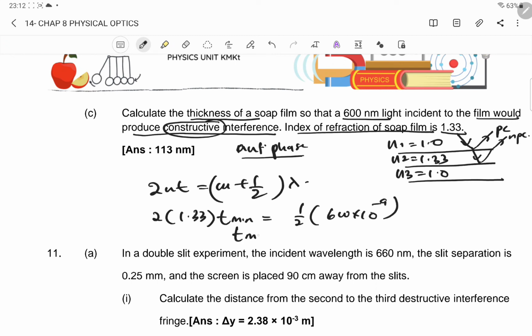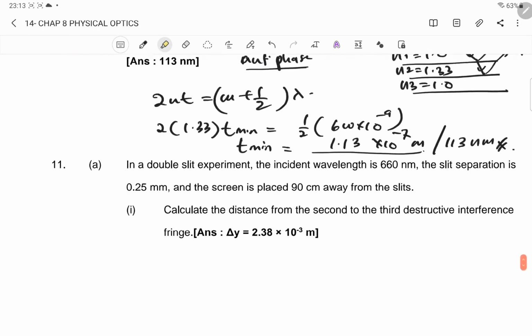So you can find your t minimum, times 10 power of negative 7, 113.3 nanometers. Okay, simple this one untuk soap film. Soap film ni thin film lah.